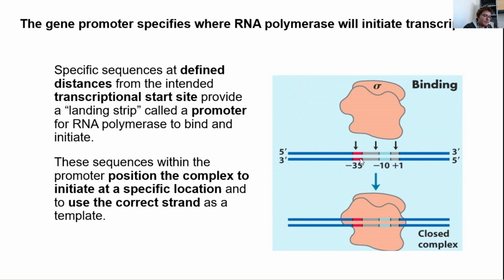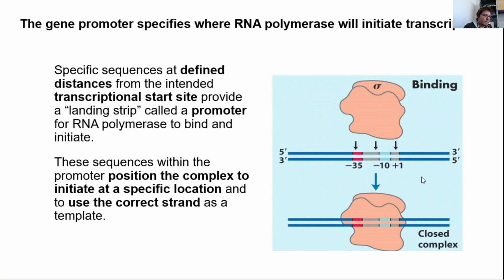And this specific positioning is basically going to provide a landing strip, or basically a set of spaced sequences that the RNA polymerase can bind to. And when it binds to those sequences, it's going to position the overall polymerase in such a way that the active site is basically poised here to initiate at the specific location of interest, as well as automatically, as a consequence, use the correct strand as a substrate.